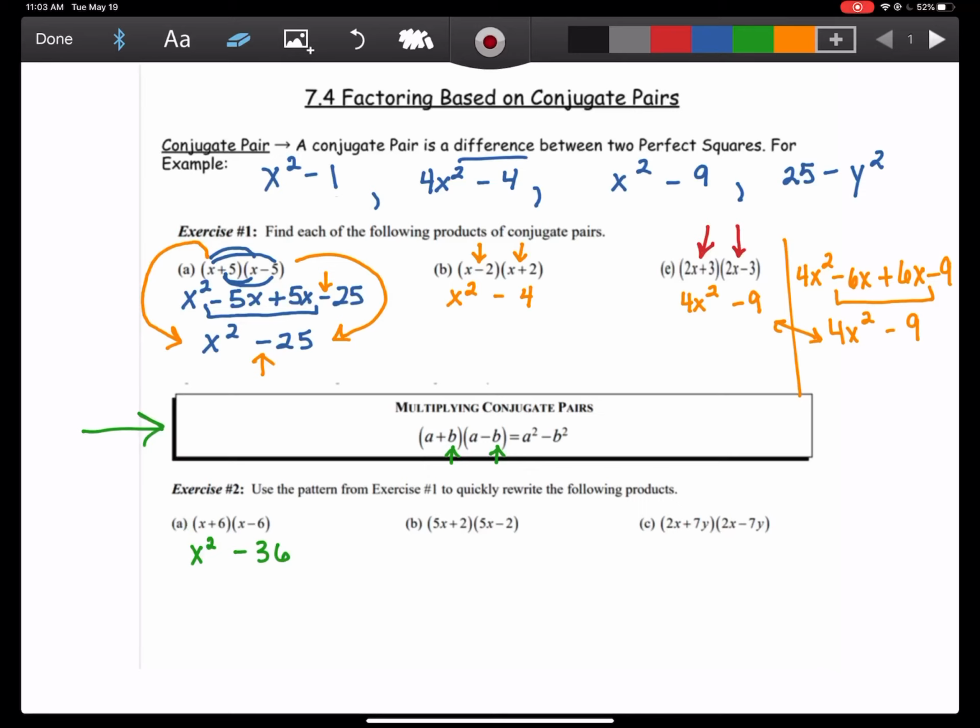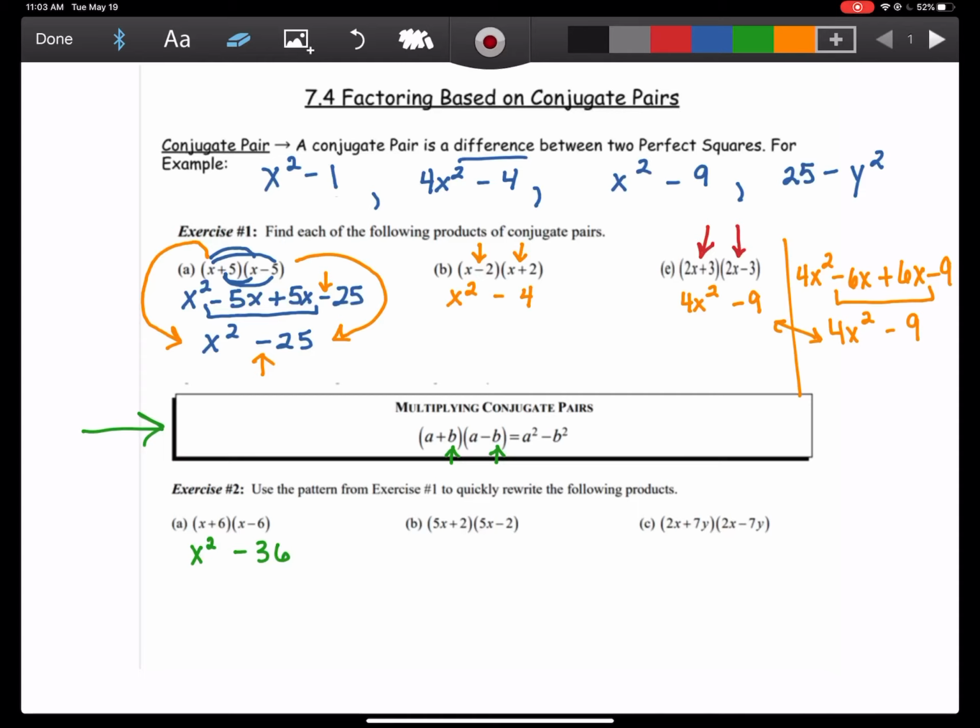So in letter B, let's be a little more careful. Let's double check. Do we have the same first term in both? Yes. Do we have the same last term in both? Yes, but they're opposites. That's what we want: the same number, opposite signs. Are they being multiplied? Yes. In other words, these two binomials are being multiplied.